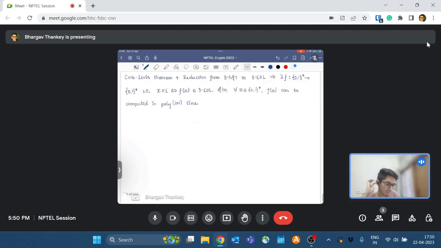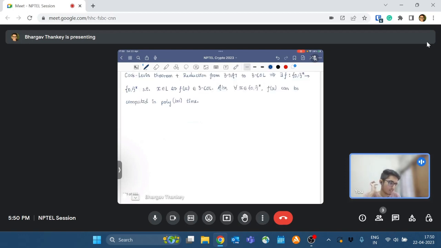And this immediately suggests how we can give a zero knowledge protocol for the language L using the zero knowledge protocol for 3-colorable.